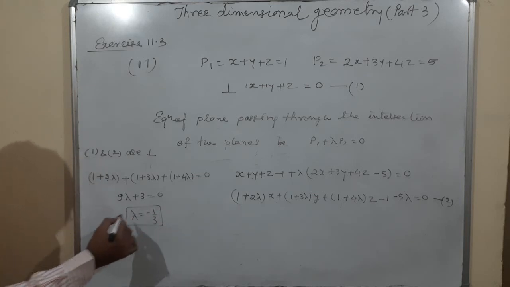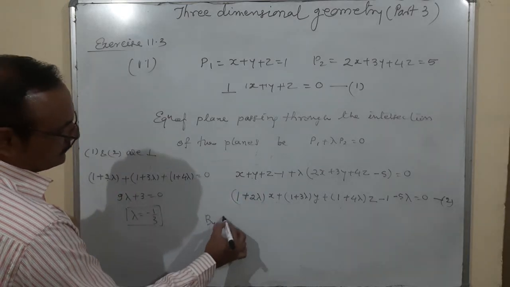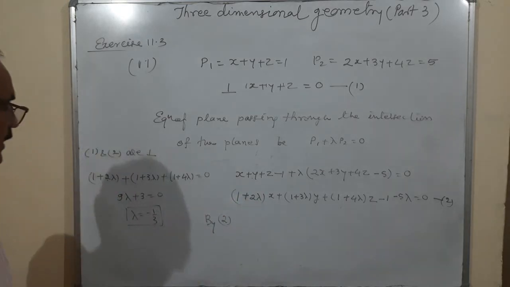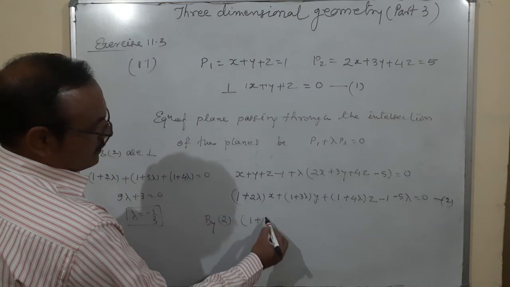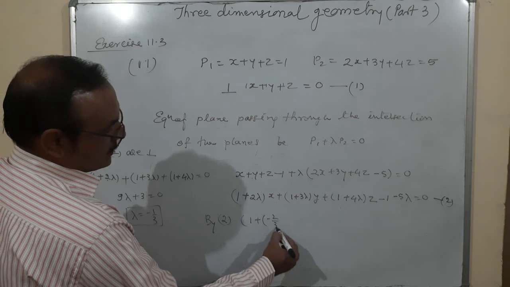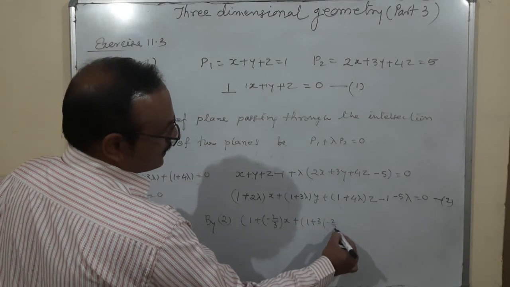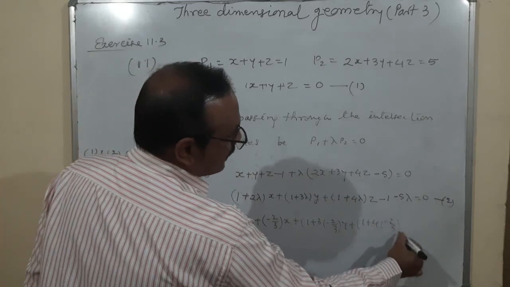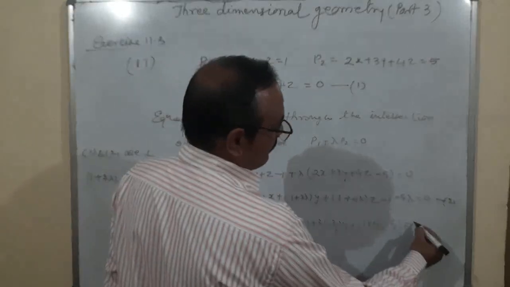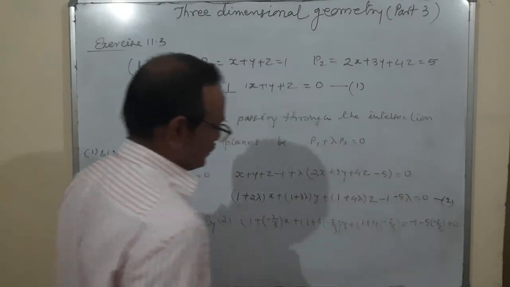Now put lambda is equal to minus 1 by 3 in this equation. So we get (1 minus 2/3)x plus (1 minus 3/3)y plus (1 minus 4/3)z minus 1 plus 5/3 is equal to 0.